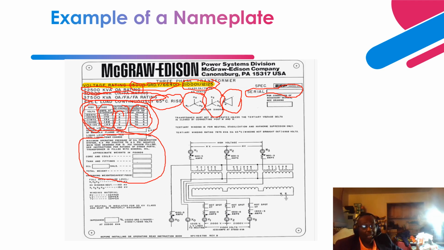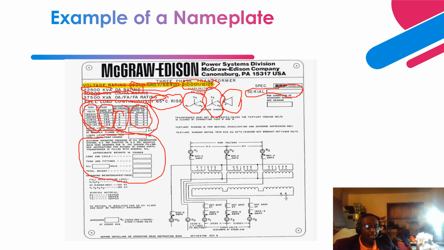Then you can also have an indication of total weight. This information helps with transportation. This also helps with having the right foundation for the transformer to be mounted on, to be installed on. This is also good information for the structural engineers.